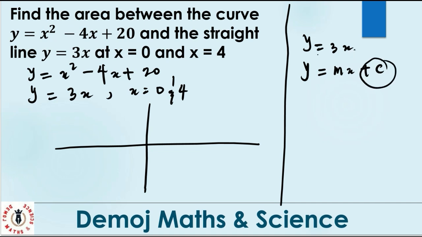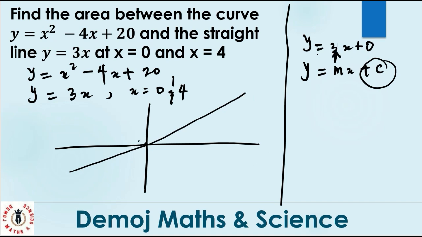This line has an intercept with the y-axis at 0, the origin, because this is the same thing as saying y equals 3x plus 0. So my straight line passes through 0 and has a gradient of 3, because my m in this case is equal to 3.